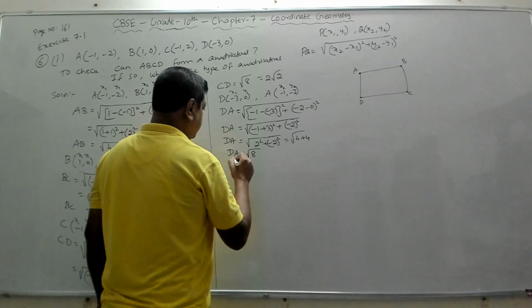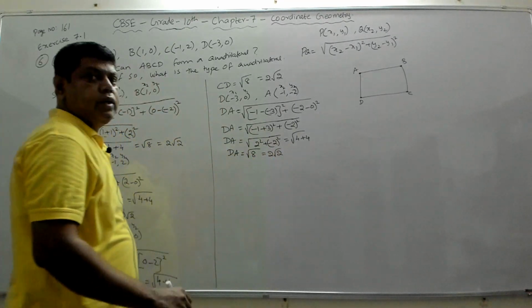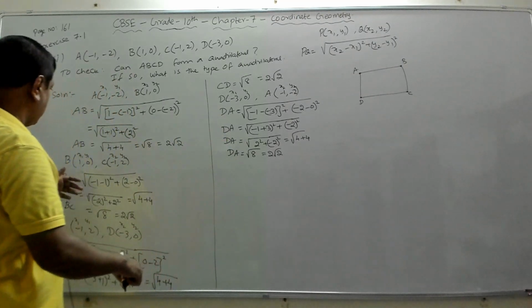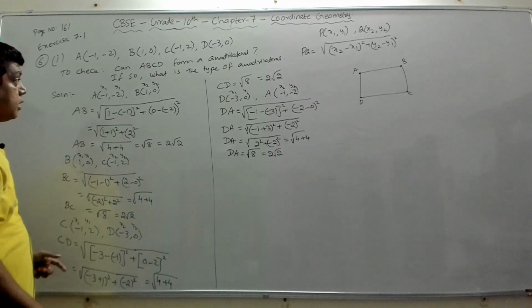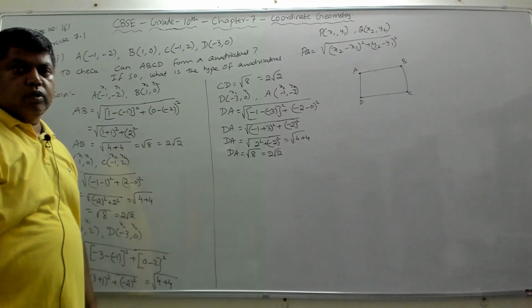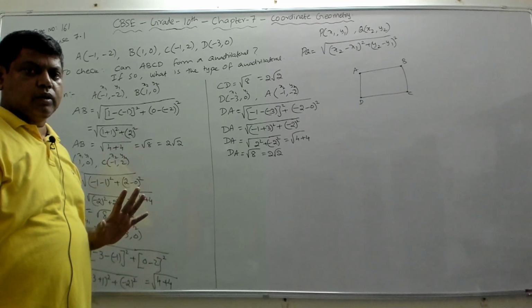So DA becomes 2 root 2. AB is 2 root 2, and that is also 2 root 2. So all of them are equal. When AB, BC, CD and DA are all equal to 2 root 2, which means all four sides are equal, it could be either a square or a rhombus.